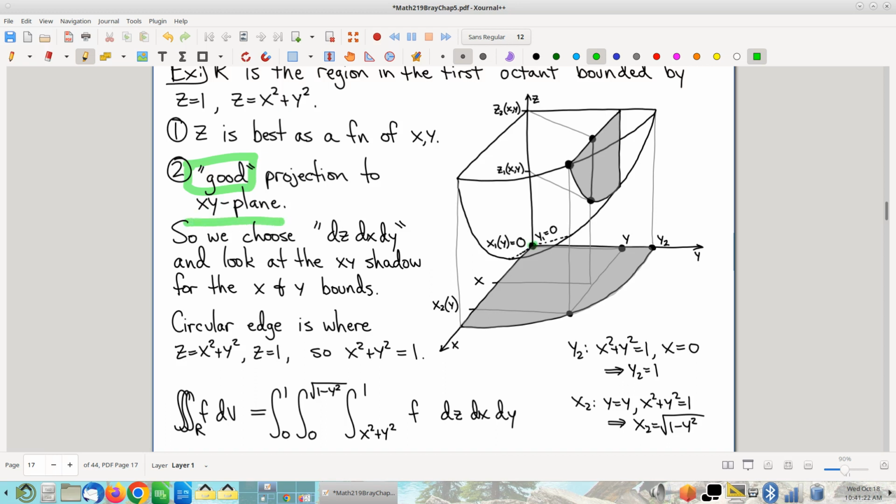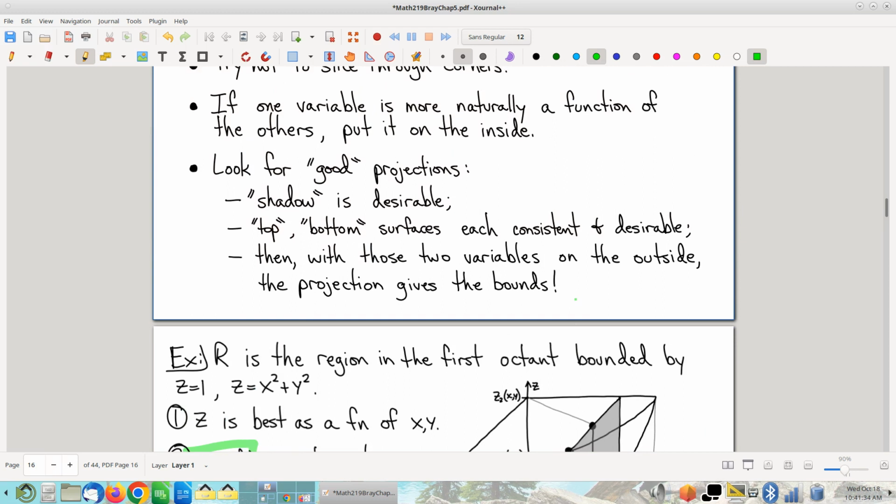In particular, if you take this solid and imagine what its shadow looks like down here in the XY plane, I claim that that's a good projection. Now let me detail what I mean by that being good. The shadow is a reasonable shape. There's nothing horrifying or super weird about the shape of this shadow.